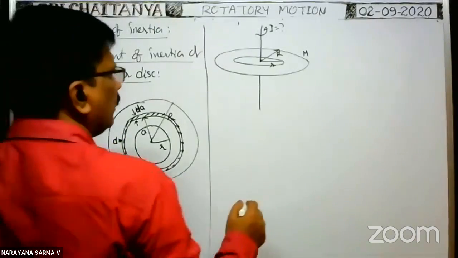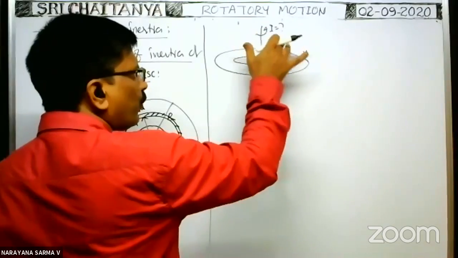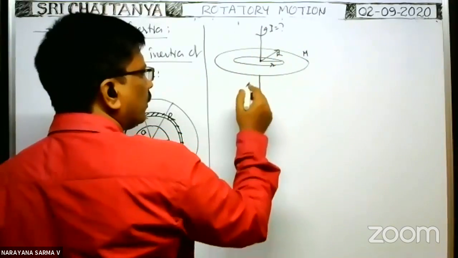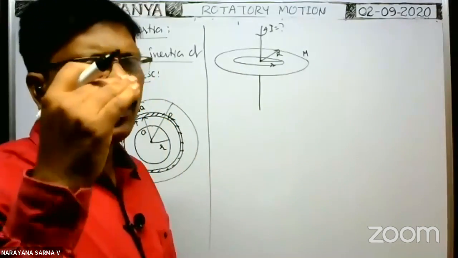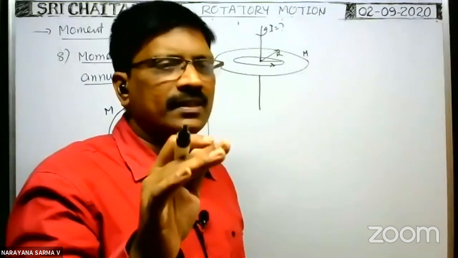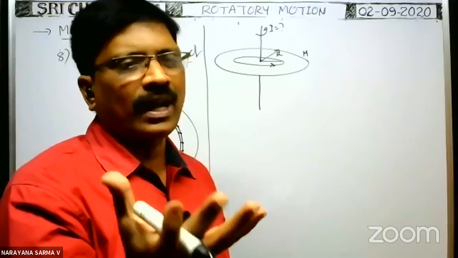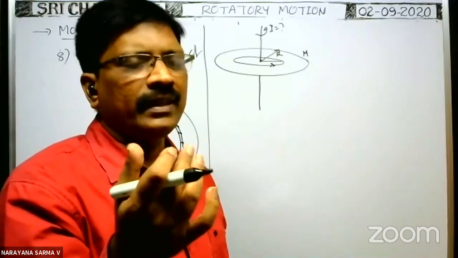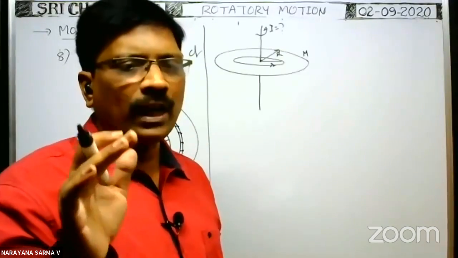The mass of the disk, M, distributes uniformly over its surface area, so it has a surface density. In case of any body having a plane surface, the mass is distributed uniformly over its surface. In case of a solid body, having considerable volume, it has a volume density.